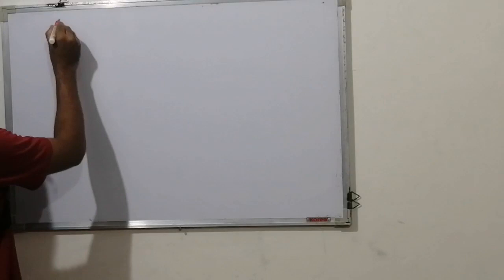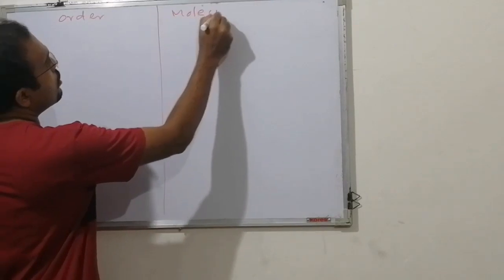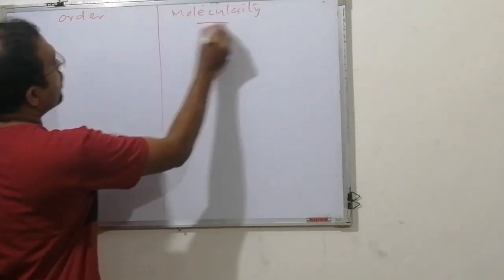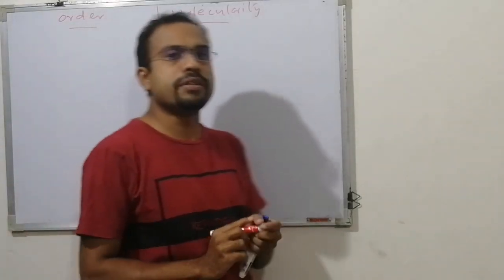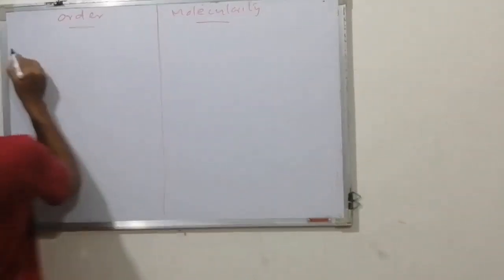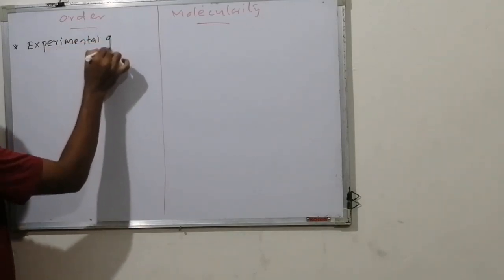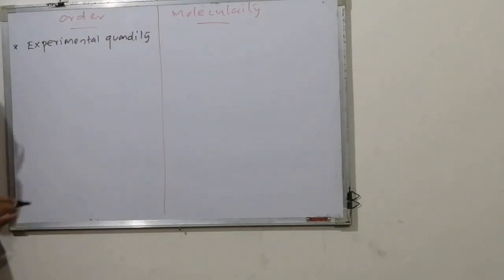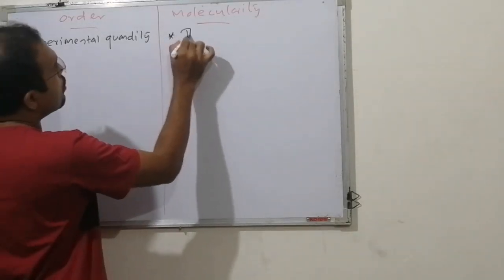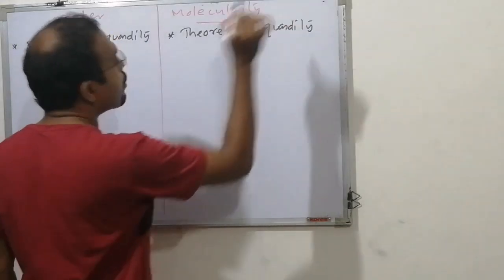Now suppose there is a question, differentiate between order and molecularity. It's a usual question, a 2 mark or 1 mark question. The first is, order is an experimental quantity. Molecularity is a theoretical quantity.